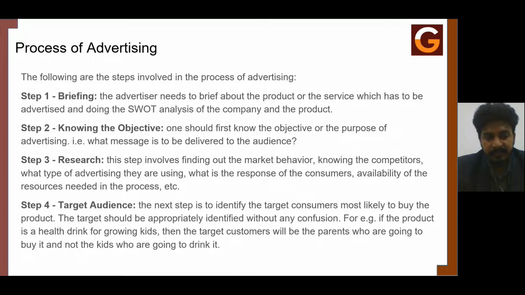Step 3, research. The most basic and most important step that you need to do is to do various kinds of research: market research, audience research, what kind of product you're selling, and based on that, what kind of advertisement you would want to make.